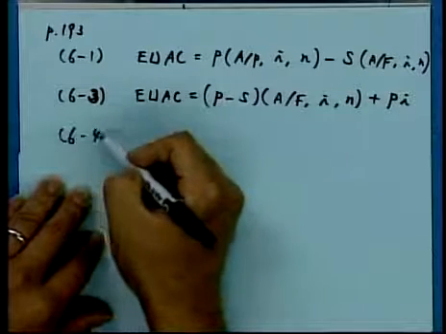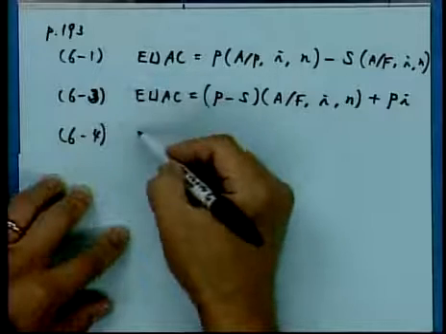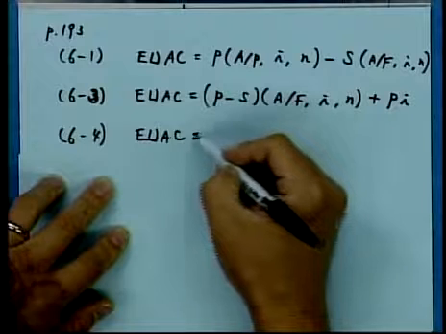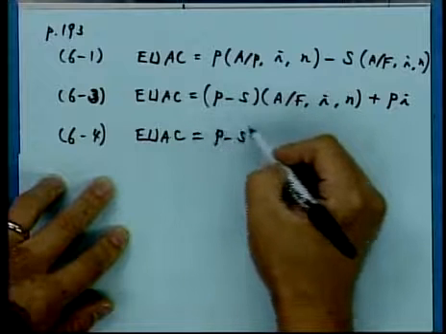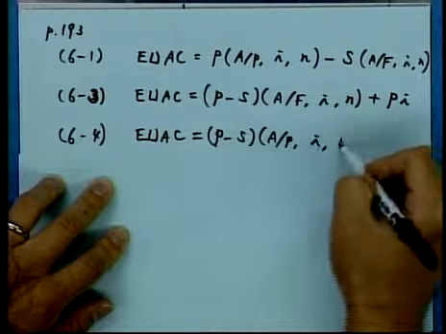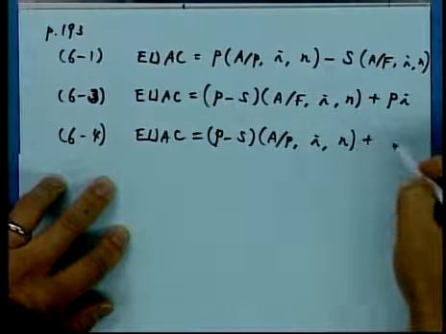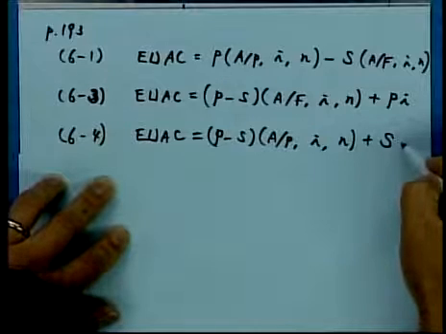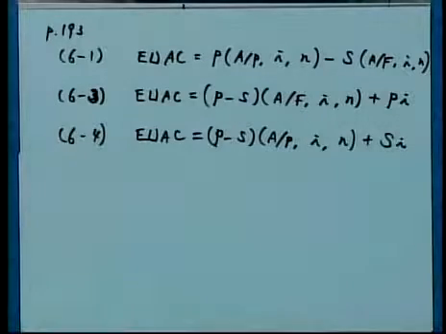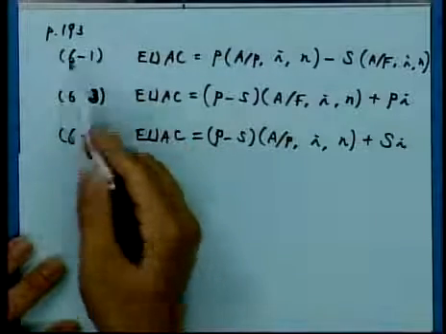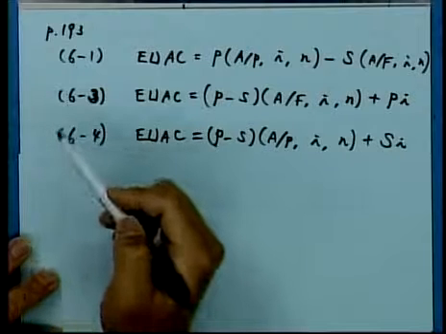Or the third formula, 6-4: equivalent uniform annual cost can be computed by (P minus S) times (A given P, i over n periods) plus S times i, the interest rate. Okay? So you can go with any of these three formulas.